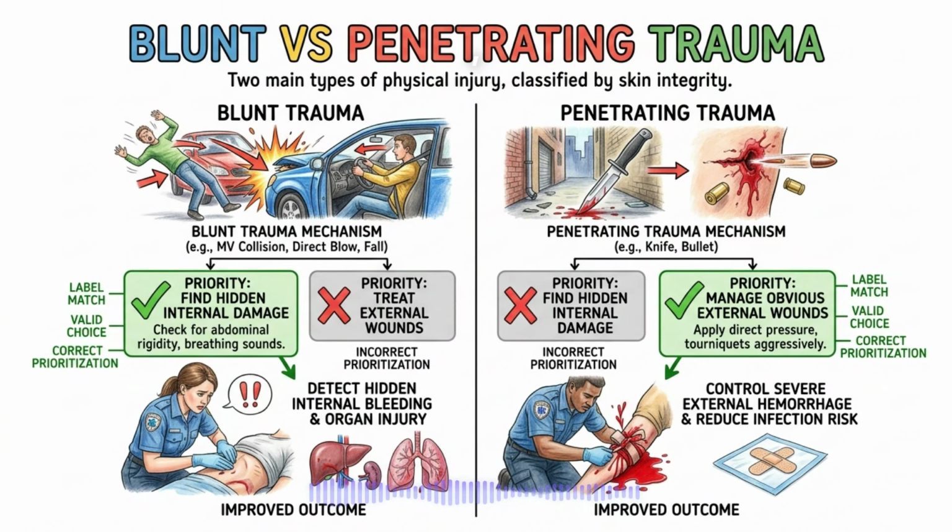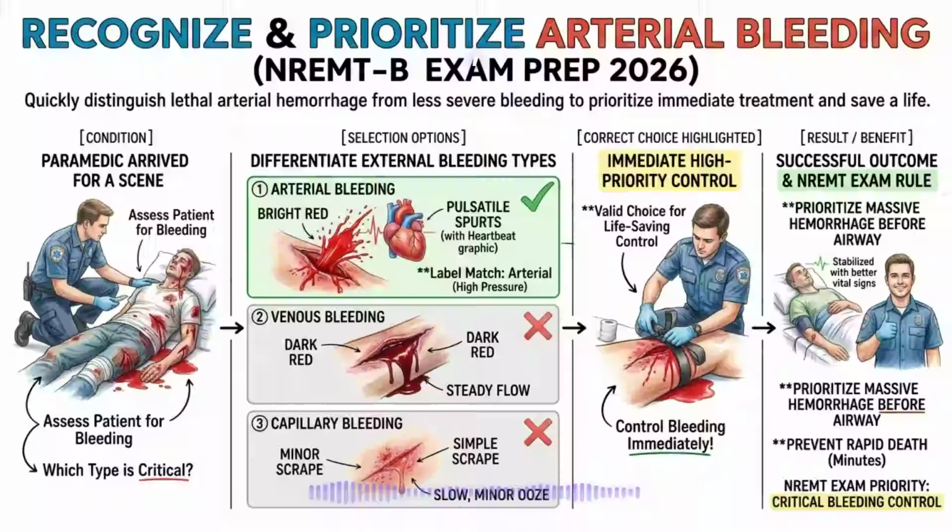Penetrating trauma involves an object piercing the skin and entering the body, like a knife or a bullet, creating a direct pathway for severe external hemorrhage and infection. Knowing the difference helps you decide whether to focus heavily on finding hidden internal damage or managing obvious external wounds.